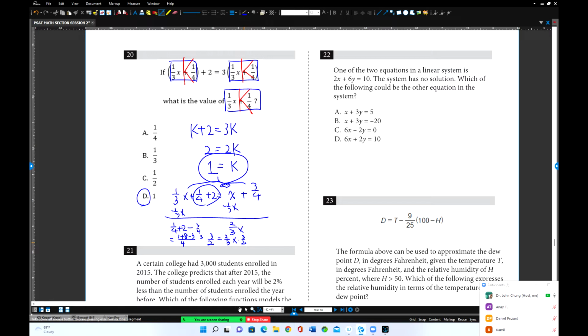Okay, divided by 2/3. It's going to be the same numbers, x equals 1. But it takes time, okay? You better use this substitution method, okay?